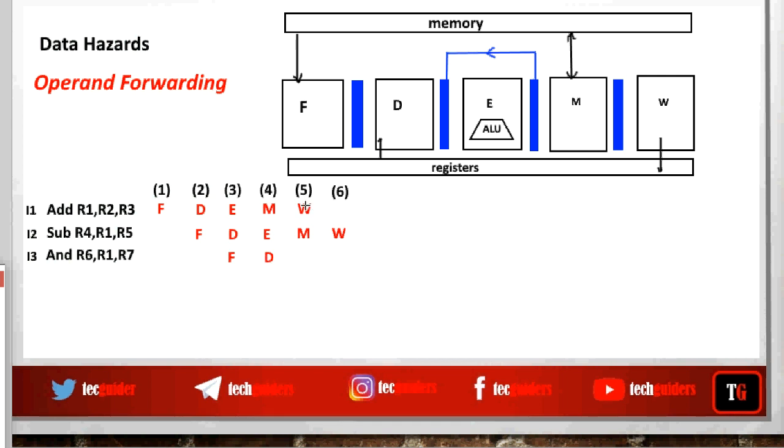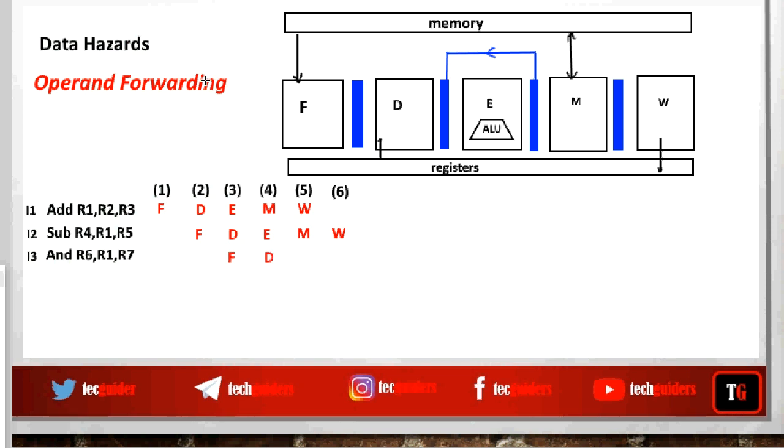It will be written to register R1 only at the end of the fifth clock cycle. Thus there is a chance for data hazard, and the problem occurs because we are trying to access some data from the register file and that data is not available within the register.